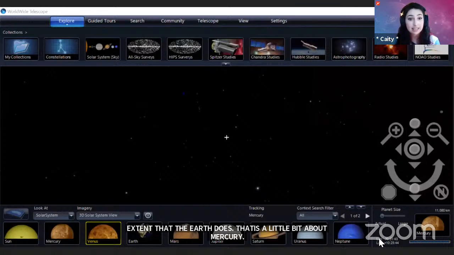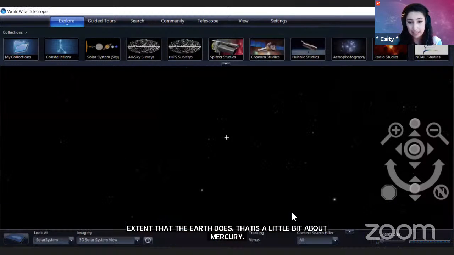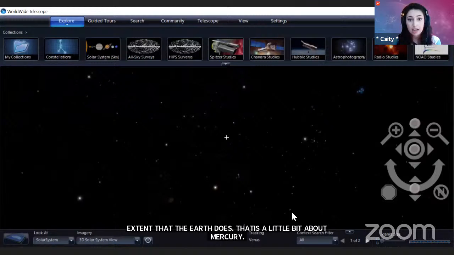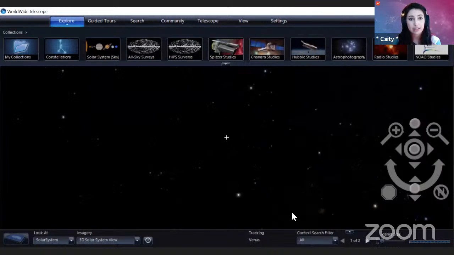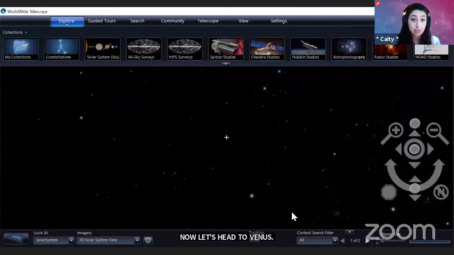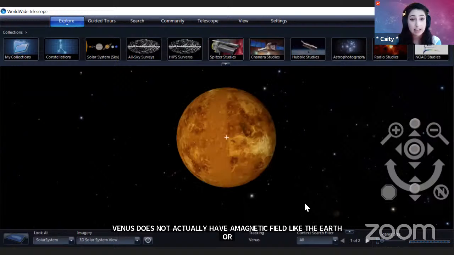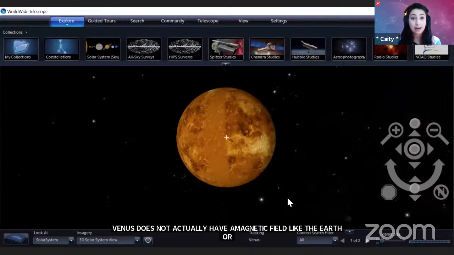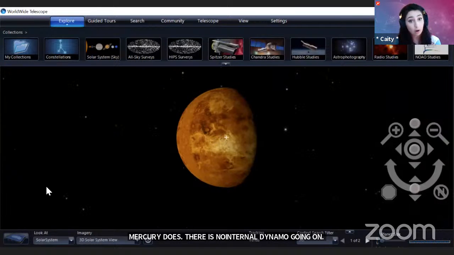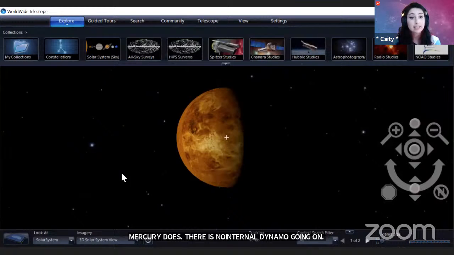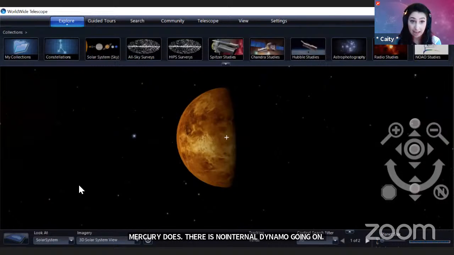So Venus is a really interesting planet for many, many reasons, but Venus doesn't actually have a magnetic field like the Earth or Mercury does. There is no internal dynamo going on. Planetary scientists do believe that it might have a liquid iron core, but the issue is Venus doesn't spin very fast.